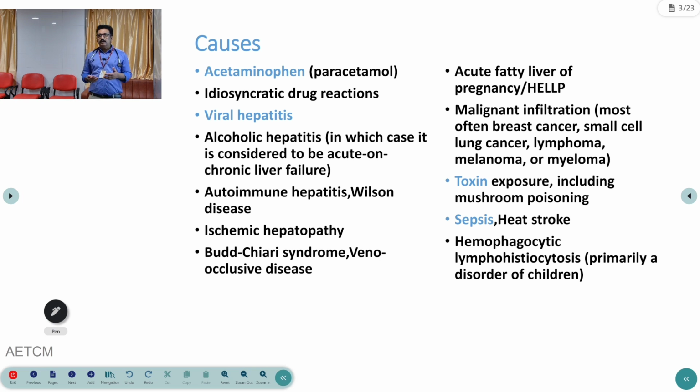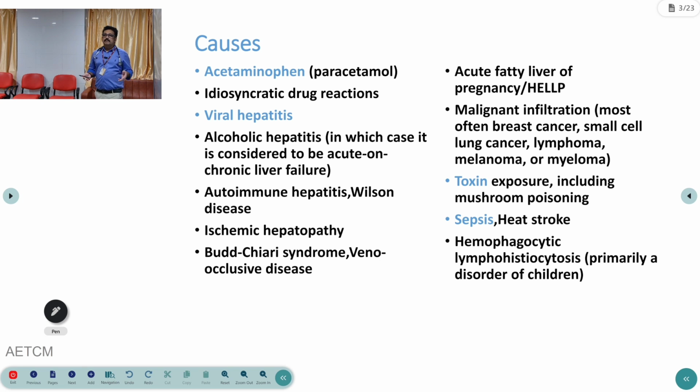Alcoholic hepatitis is not very common because most of them are chronic alcoholic liver disease patients, and acute on chronic liver failure is more common. Autoimmune hepatitis is very common in young females. Wilson disease, ischemic hepatopathy, that is mainly occurring after hypotension, shock, acute cardiac arrest.